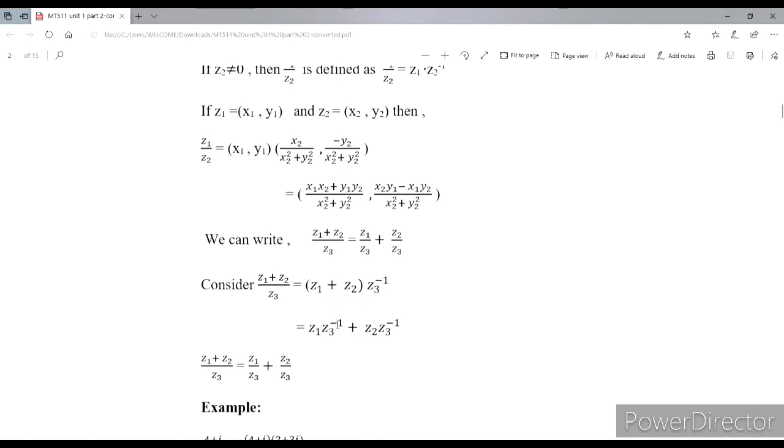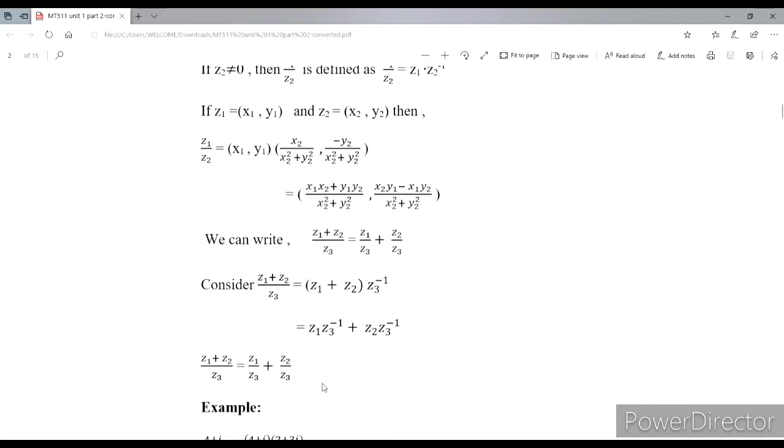Now multiplying by distributive law, we can write this as Z1 Z3 inverse plus Z2 Z3 inverse. Now again rewriting this, Z1 into Z3 inverse is nothing but Z1 divided by Z3, and Z2 Z3 inverse is nothing but Z2 divided by Z3.